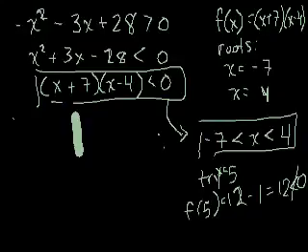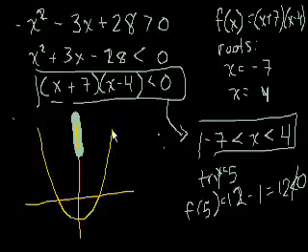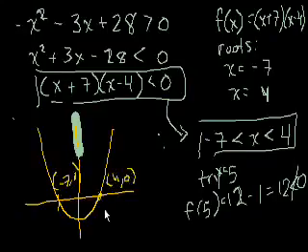Let me draw it with a skinnier pen. If you draw it visually, this is the parabola. This is f of x. The roots here are minus 7, 0, and 4, 0. We're saying that for all x values between these two numbers, f of x is less than 0.